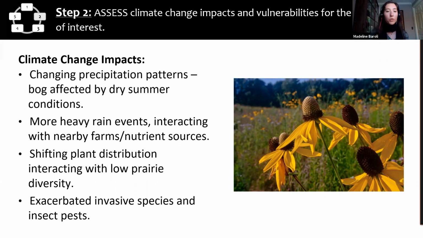They were also starting off with pretty low prairie diversity. They had a little bit of remnant prairie habitat, but not much. And lastly, they were worried about climate change exacerbating some of the problems they were already experiencing with invasive species.